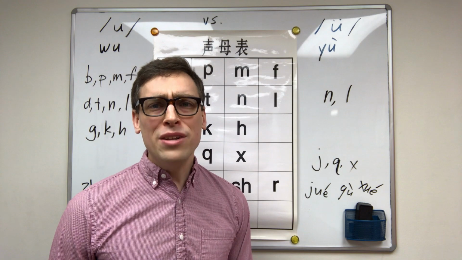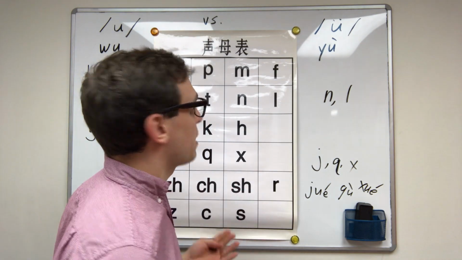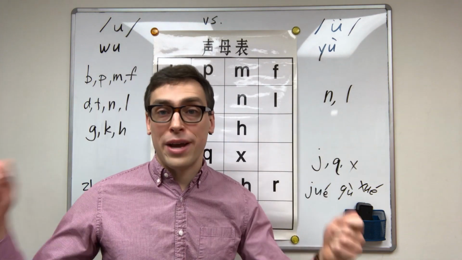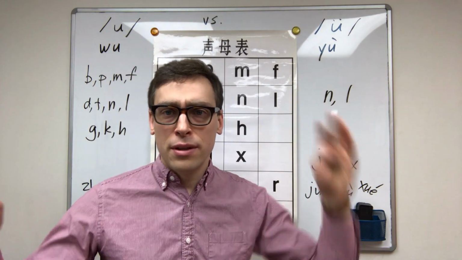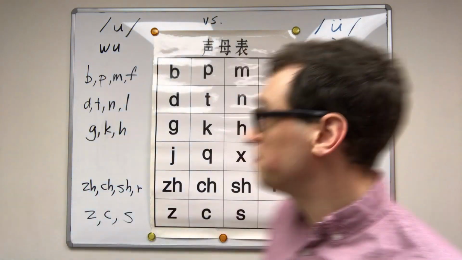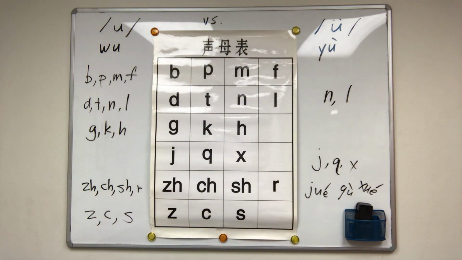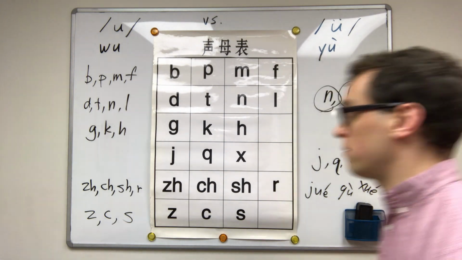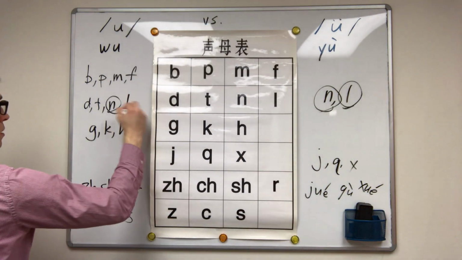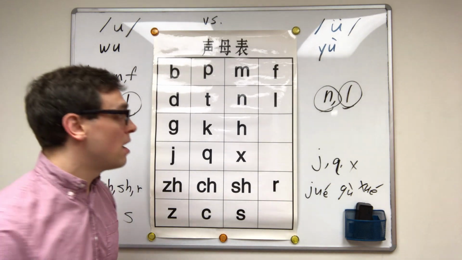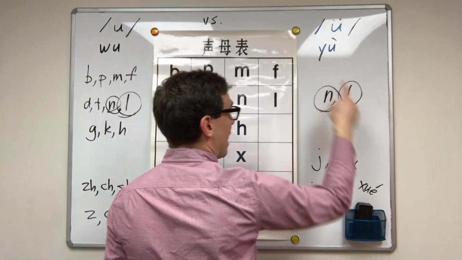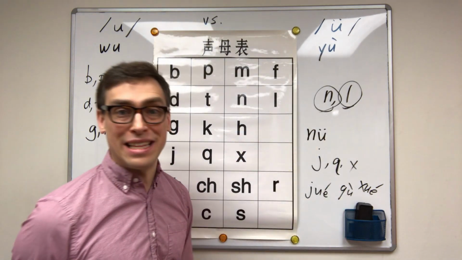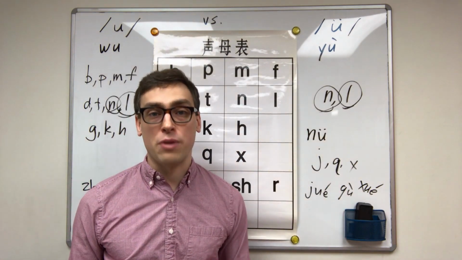So, when do we need to use these two dots then? Well, that's only for initials that can go either way. Do we have any here that show up on both sides of the chart? That's right. N and l. So only in the case of nü and lü, will we ever actually see these dots in normal pinyin writing.